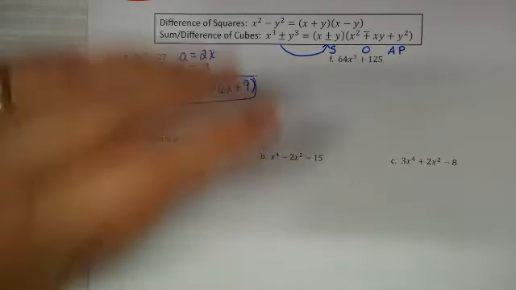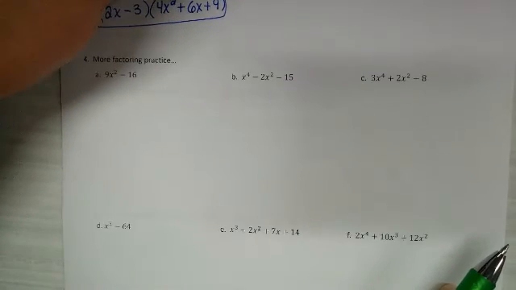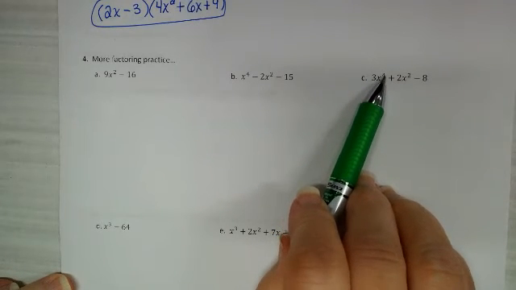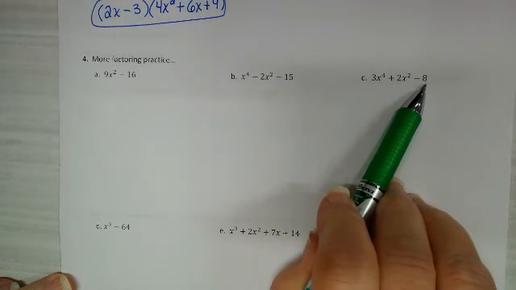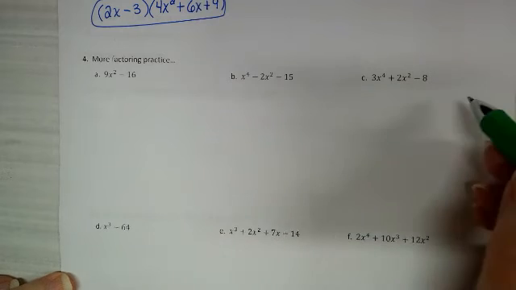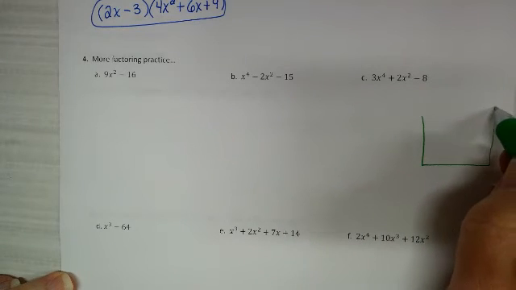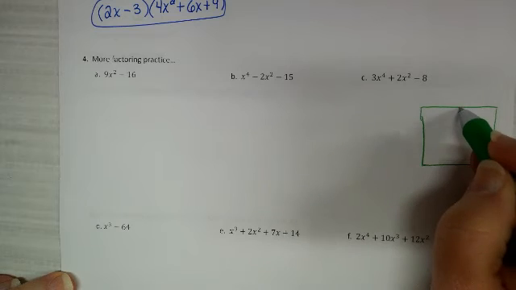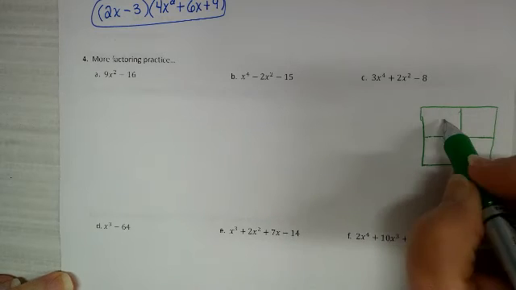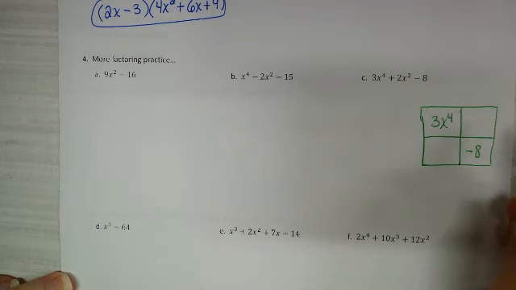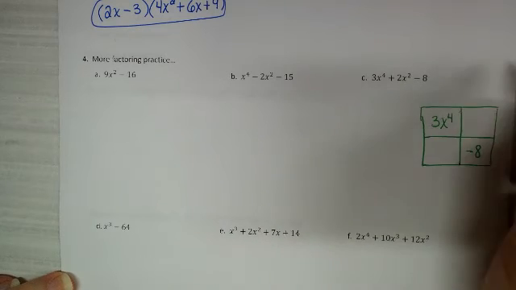Let's do a couple more, and then you get to practice. Look at letter C. 3x to the fourth plus 2x squared minus 8. All right, so we're just going to do this in our box. Because as soon as you see a number in front of x squared, you're thinking, I should put this in the box. So we're going to multiply 3 times negative 8.